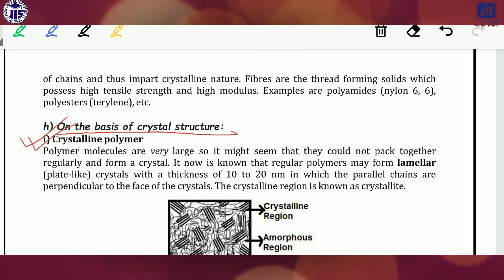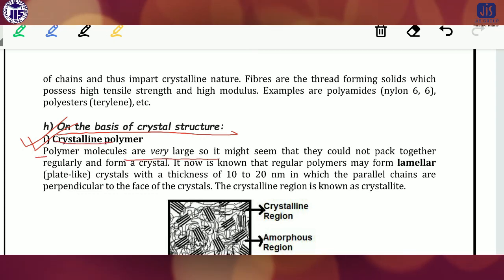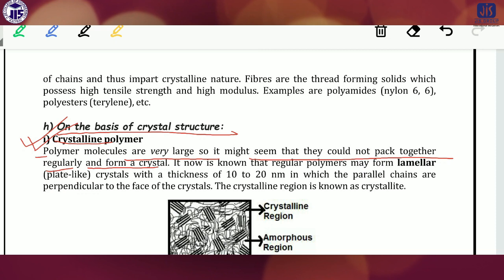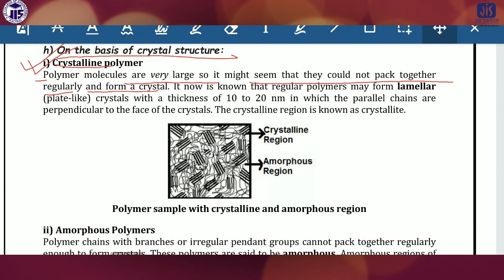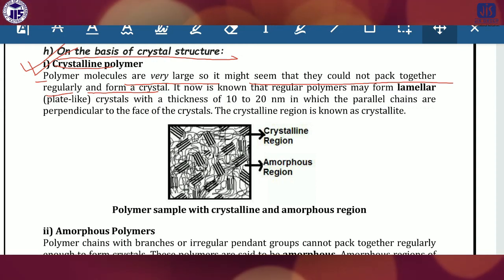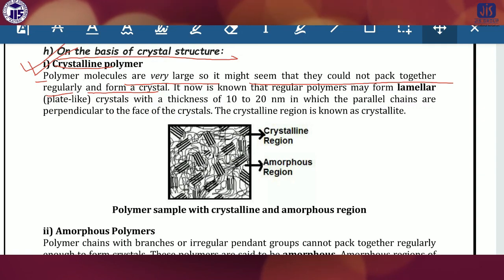If you think about the crystalline polymer, at first the polymer molecules are very large, so it might seem that they could not pack together regularly and form a crystal. In case of crystalline polymer, there is very high strength, but the flexibility is lower.